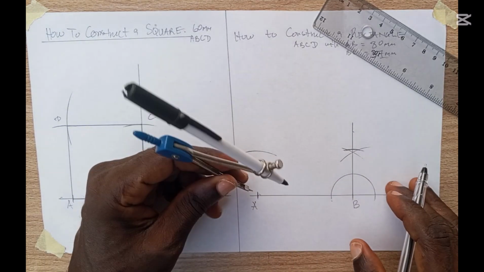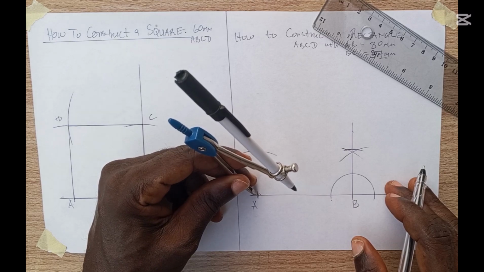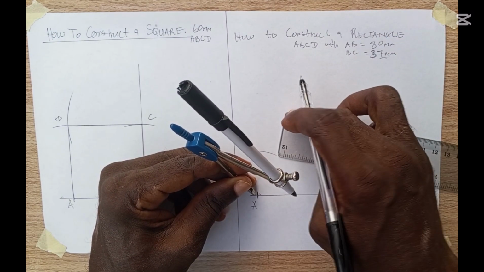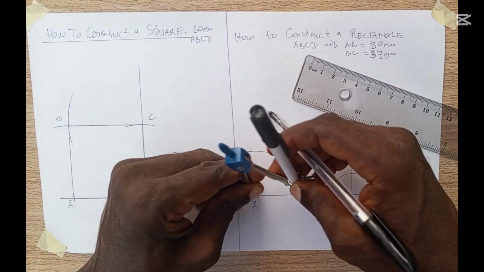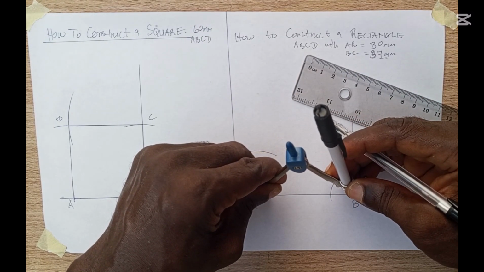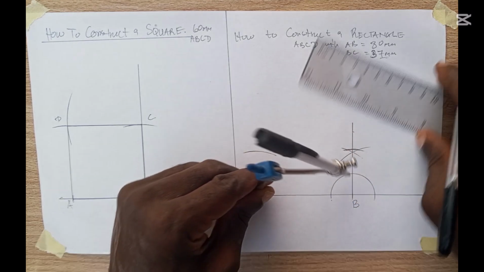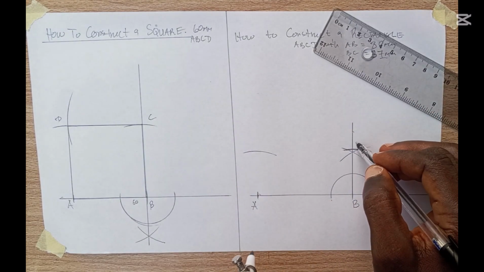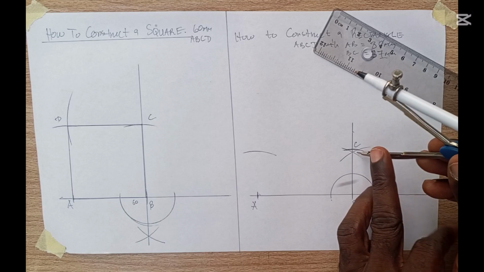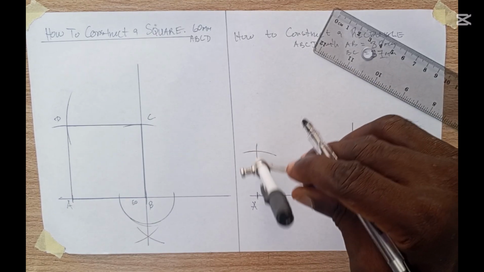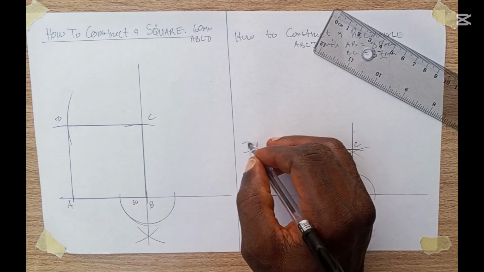Then I go back and measure A to B. A to B was how many? 80. Some students can put it right 0 to 8, but I prefer I take my AB here. Good, AB. And I put it at, let us call here C, and I cut. Let us call here D.